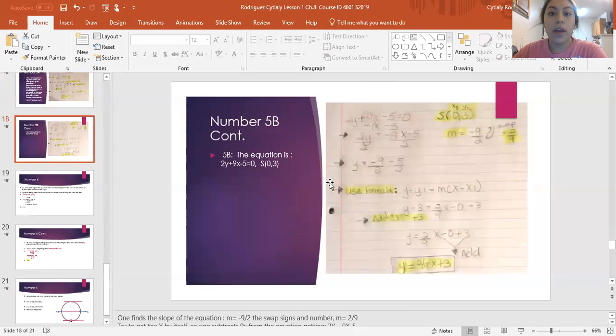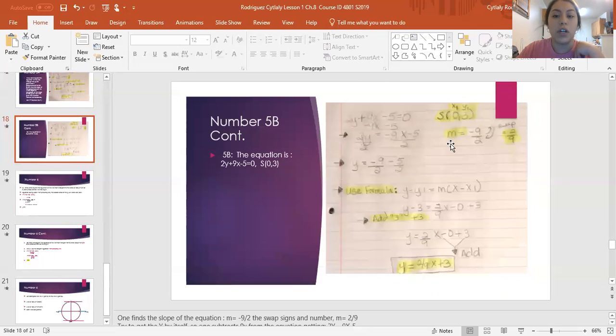Okay, moving along with 5B. This one's a little bit different because now we have y's and x's. So our equation is 2y plus 9x minus 5 equals 0.